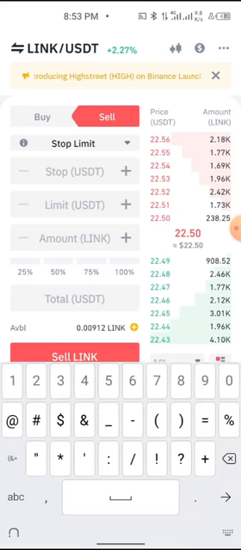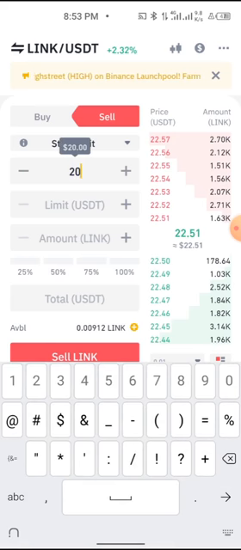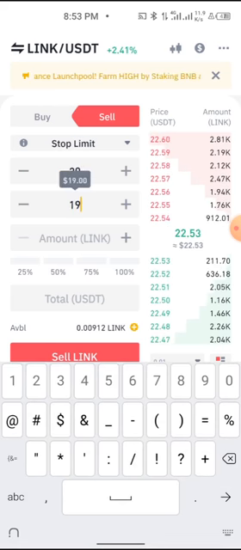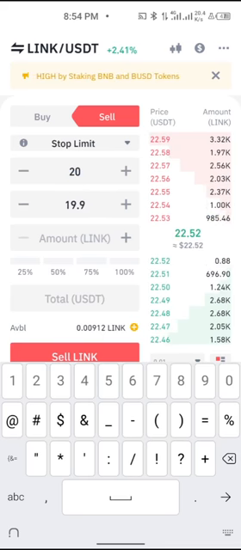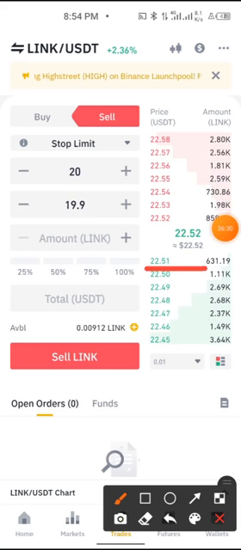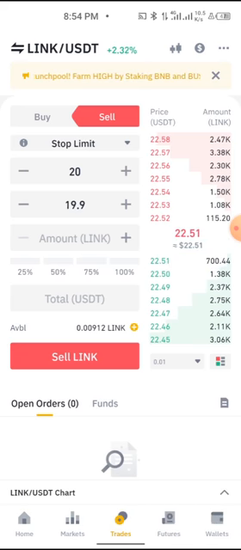So now you want to sell at $20, right? You can set your limit to 19.9. So why 19.9? You notice that this section is always lower than the current market price. So this is 22.52, but this is 22.51 because it will be executed immediately like that.